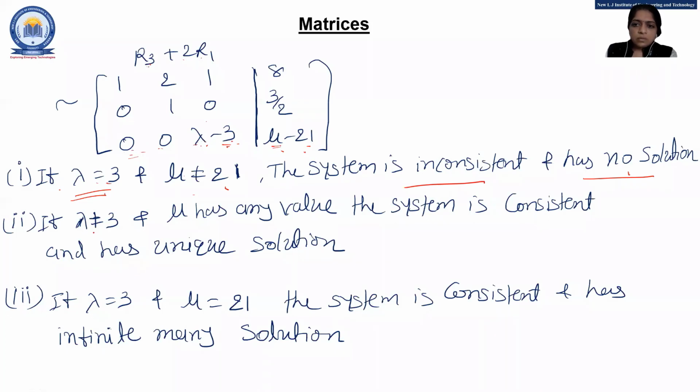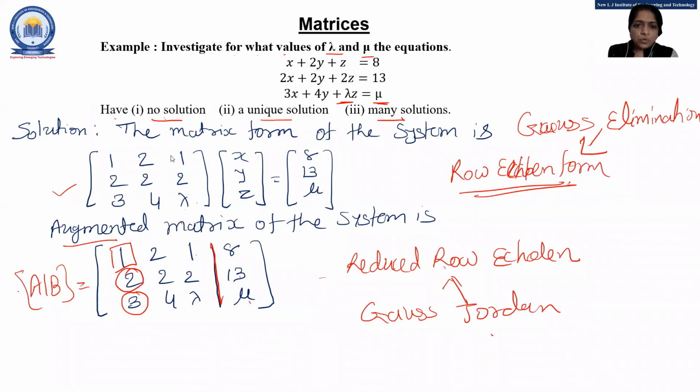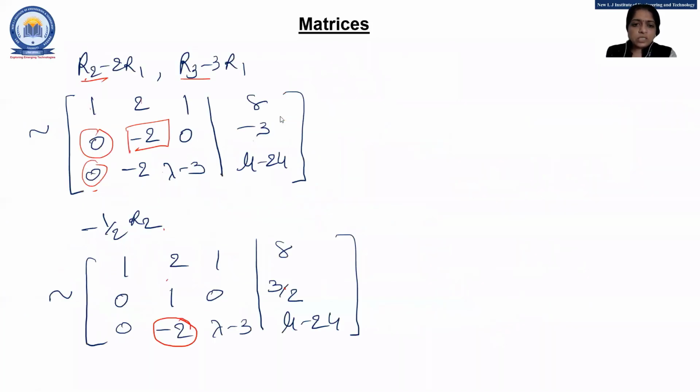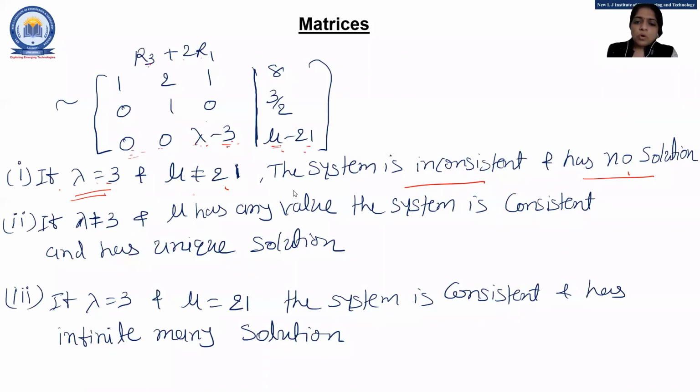For the second one, they ask for a unique solution. For a unique solution, the left hand side is a non-zero row, and the right hand side may be zero or not zero.